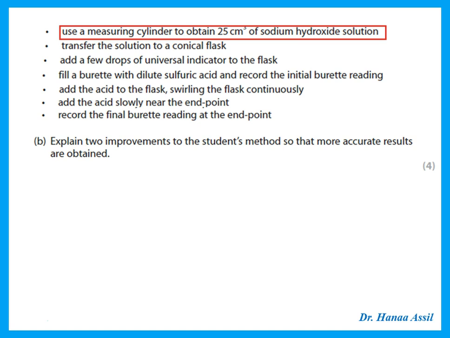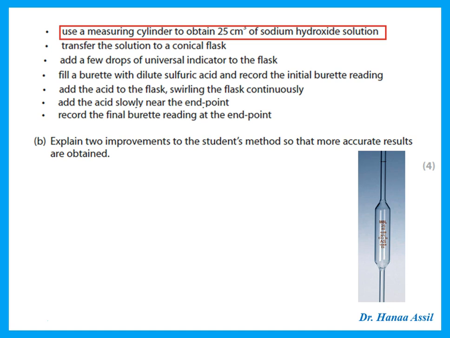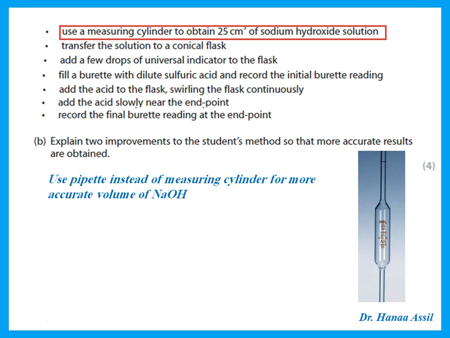Remember, when we do titration, we put 25 centimeter cubed of sodium hydroxide into the flask using what? We don't use a measuring cylinder, we use a pipette. So he should use a pipette instead of measuring cylinder because this will give a more accurate volume of sodium hydroxide.